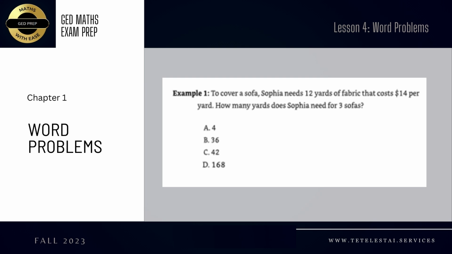So what do you guys think we need to do here? I can tell you right away it looks like you have to multiply the 12 yards by the $14.